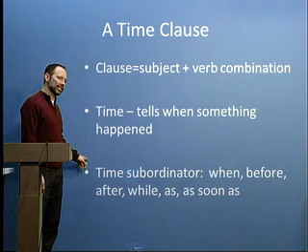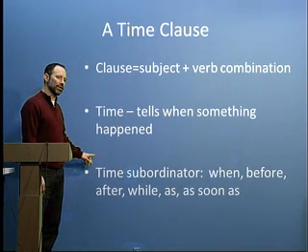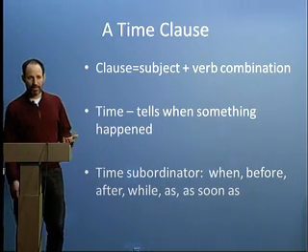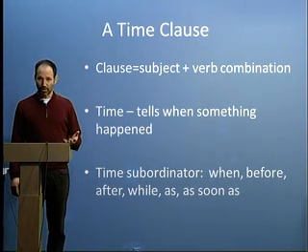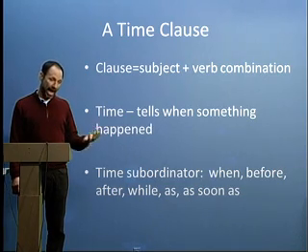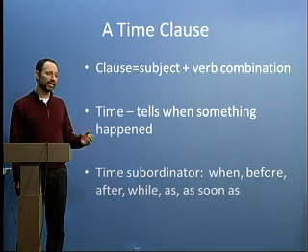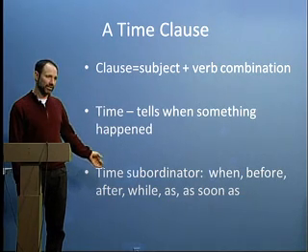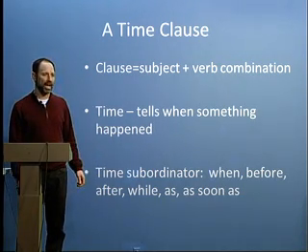And the word that gives us that when is what we call a time subordinator. Some examples would be when, before, after, as soon as. These are words that will be at the beginning of the time clause that tell when some action happened.